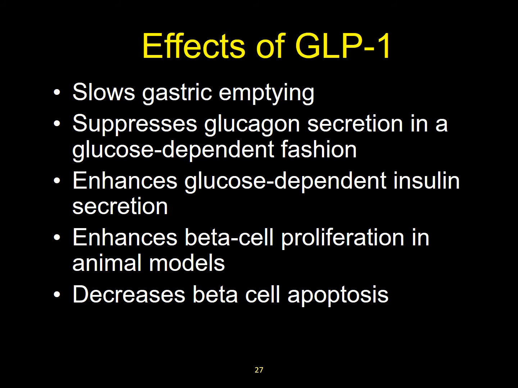GLP-1 suppresses glucagon secretion in a glucose-dependent fashion. In other words, the presence of GLP-1 suppresses glucagon release from the alpha cell of the pancreas because your body thinks you have it already. It's glucagon-like peptide. If you don't make glucagon, you won't liberate more sugar from your body stores. Remember, glucagon is a hormone that helps you liberate sugar.